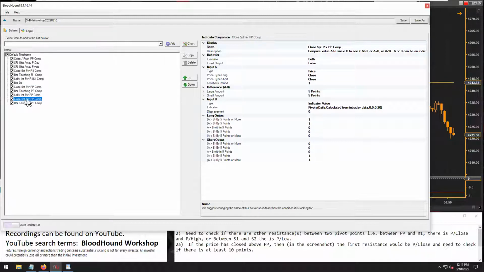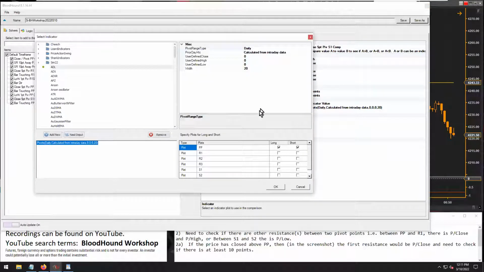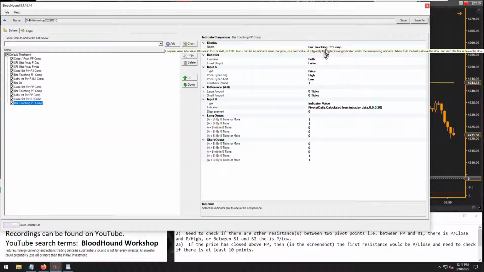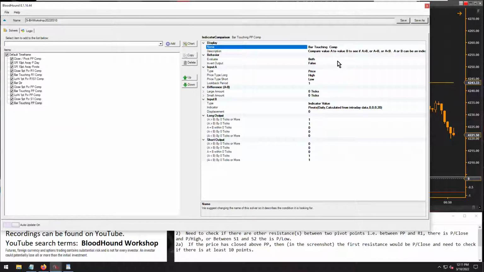So let's take our new solvers here and repurpose them for the S1 line. So we just need to go into our pivots indicator and select the S1 line or plot. All right, there's that. And adjust the name there.